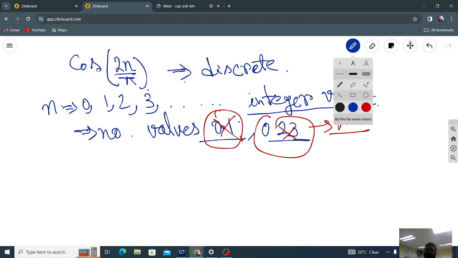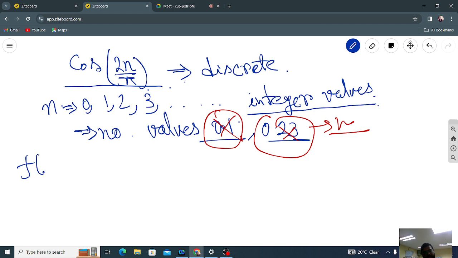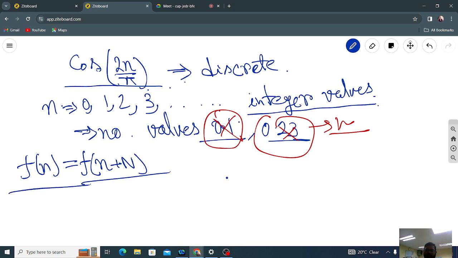Okay, so again let us try to find the period of the signal. Similarly, f(n) is equal to f(n plus N), that formula we are going to use.